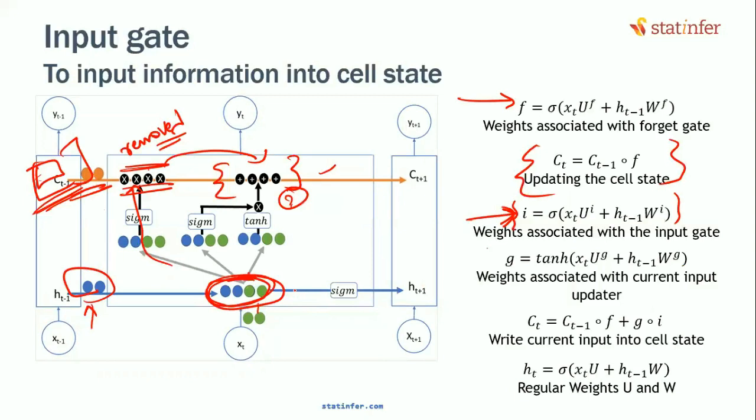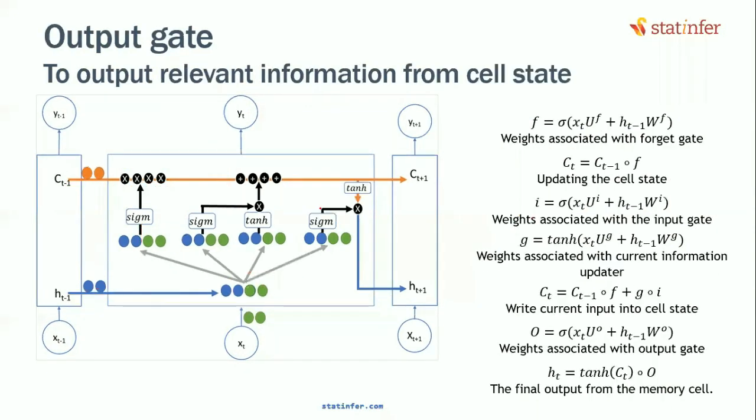Until now, whatever I have shown, the previous hidden state output and current input, will be given to the next hidden state. That is the short term memory thing, the usual RNN model. However, we will not take a complete copy of this, and this output should not be given as the exact input.